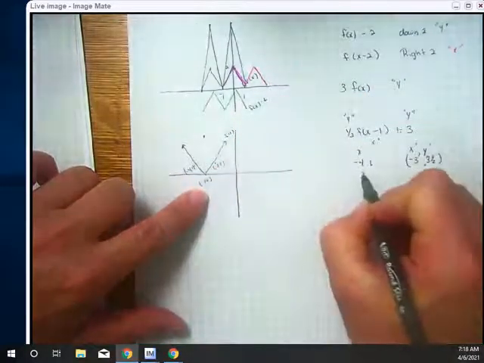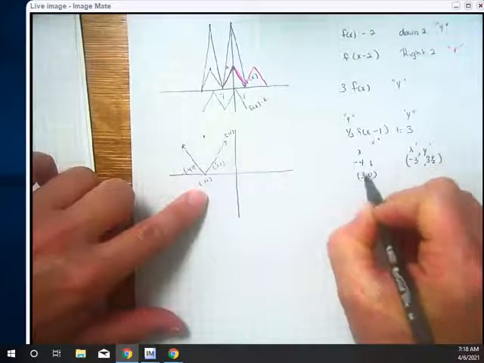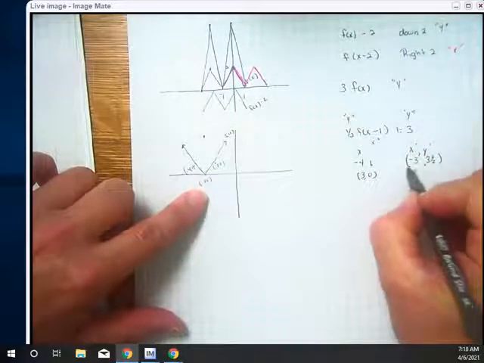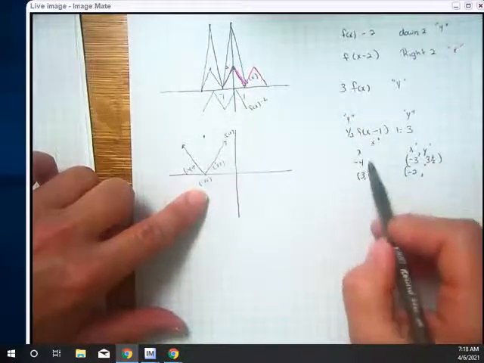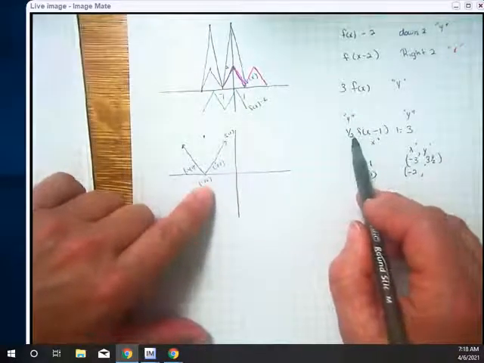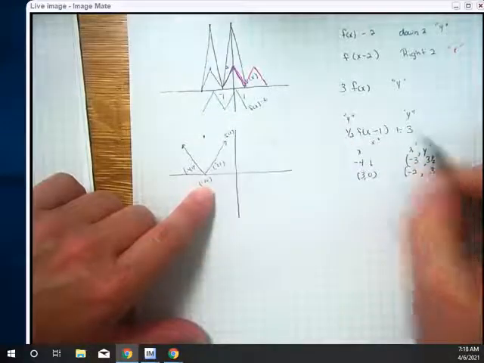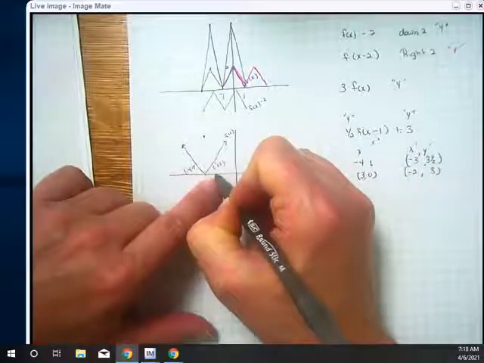The point negative 3, 0: I take the x value, negative 3, and I add 1. It puts that new point at negative 2. Half of 0 is still 0, plus 3: negative 2, 3.